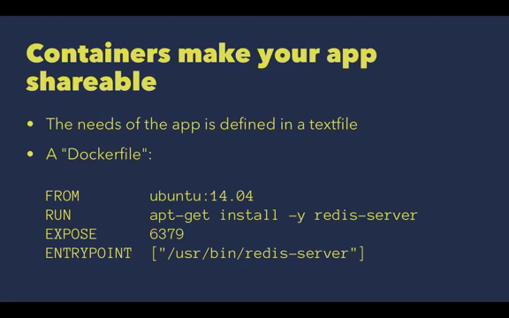After we have that base, we want to install an application called a Redis server. Then we want to expose a port. We want to open port 6379. And then we have what's called an entry point, which is the application that we want to start in this container, which is the Redis server. These 4 lines equal an entire container that is actually production ready.